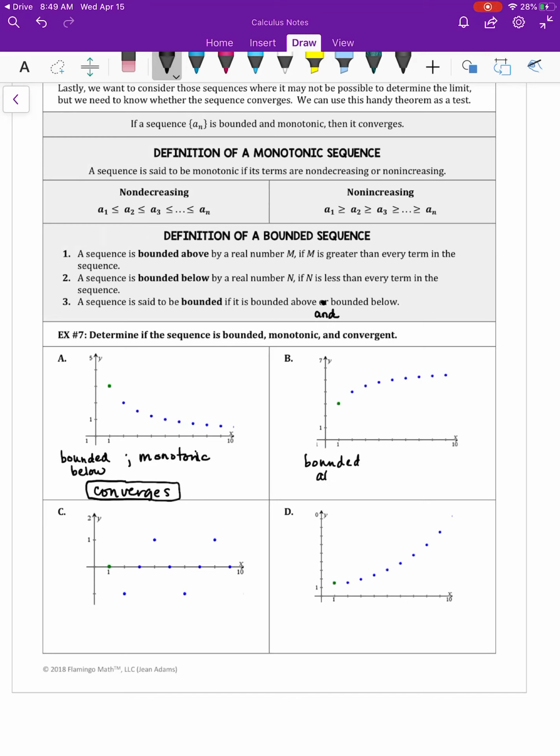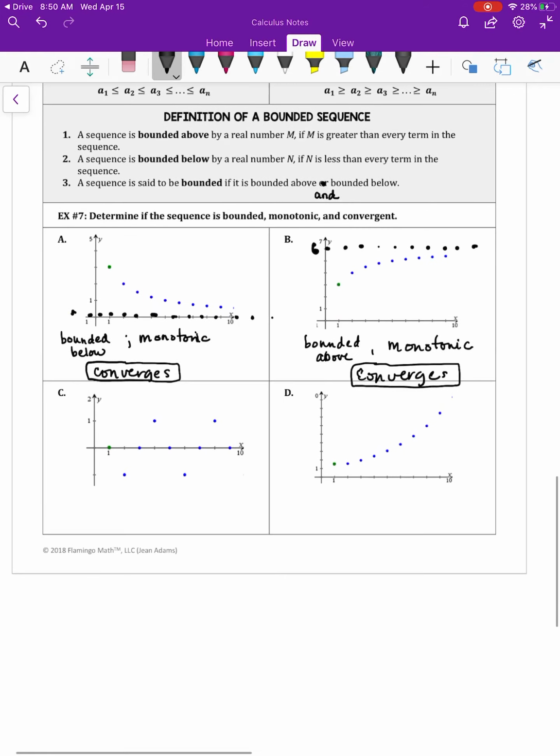It looks like it's going to 0, but we're not worried about really what it's converging to. This one looks to be bounded above. It looks to be monotonic. And it looks to converge. And if I had to say what it was going to converge to, 1, 2, 3, 4, 5, probably 6. And that one's probably 0.